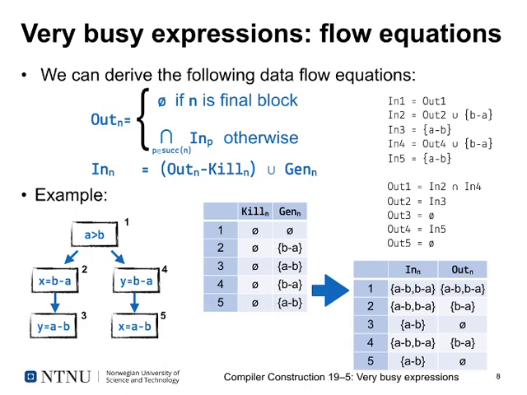So we can now start doing our iterative approach to calculate the in and out sets for our analysis. So we know in 1 equals out 1. So now we can go down here and say in 2 equals out 2 joined with b minus a, which is exactly what's being generated here.